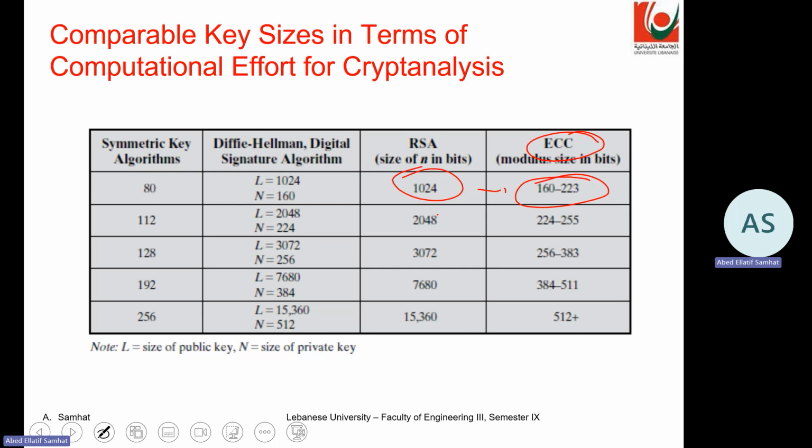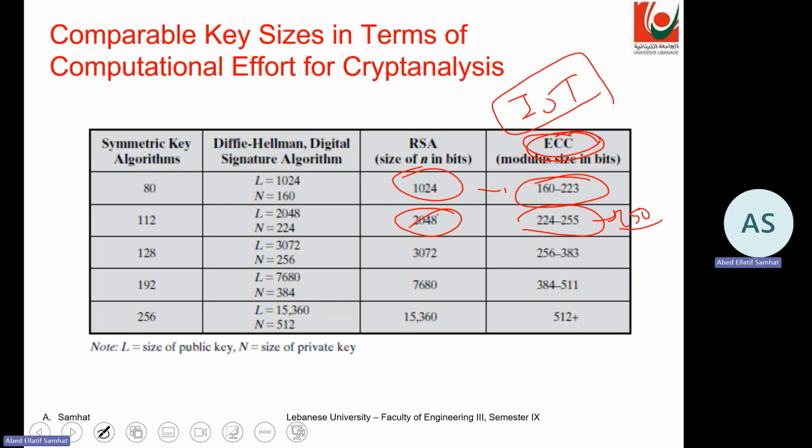That's why now with IoT systems and modern systems, we are using elliptic curves, because with RSA we need 4048 bits as a key size, but with an elliptic curve it could be, for example, 250 or something like this.